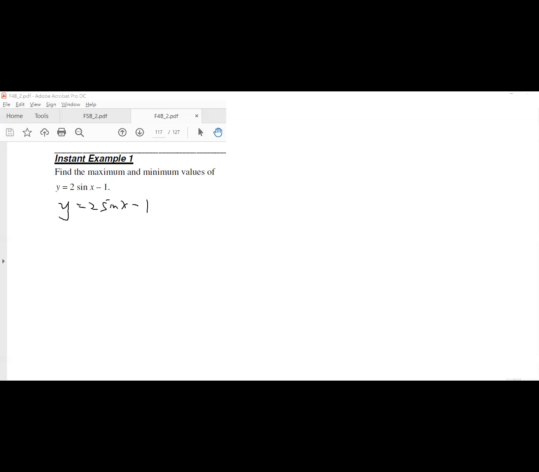Okay, this function is in terms of sine x, so we start with the sine x inequality. Okay, so that is -1 less than equal to sine x less than equal to 1.